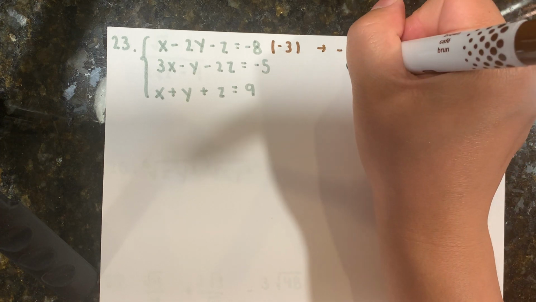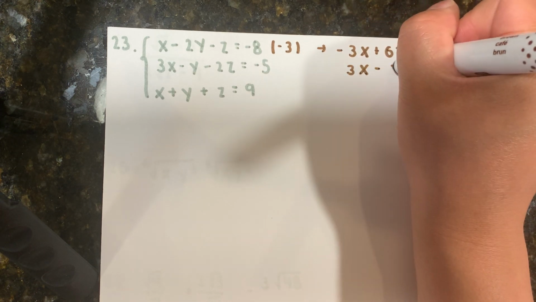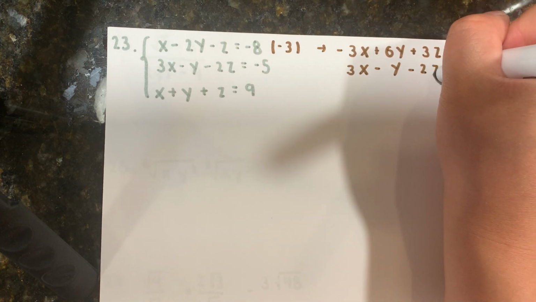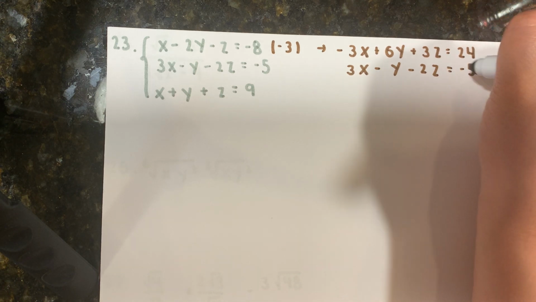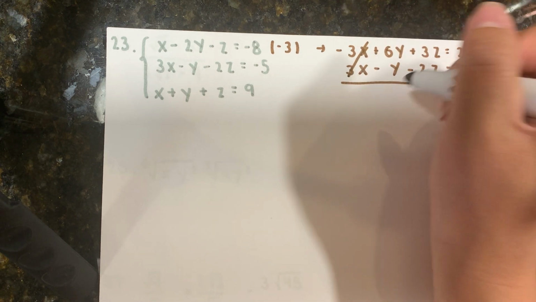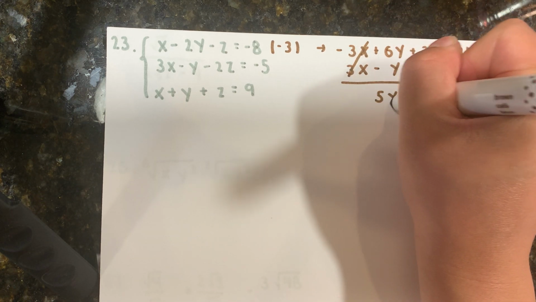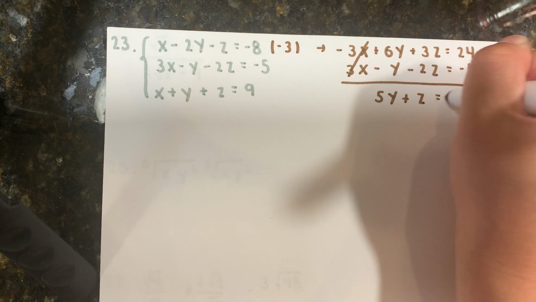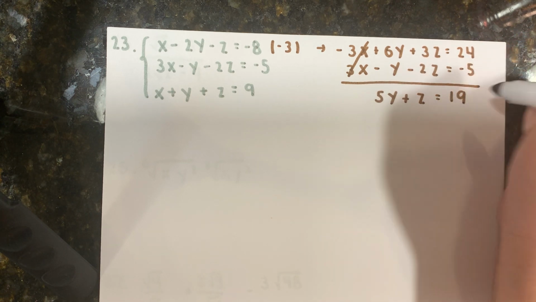I'm adding that to the middle equation of 3x minus y minus 2z equals negative 5. Now my x's are going to cancel, and I would be left with 5y plus z equals 19.